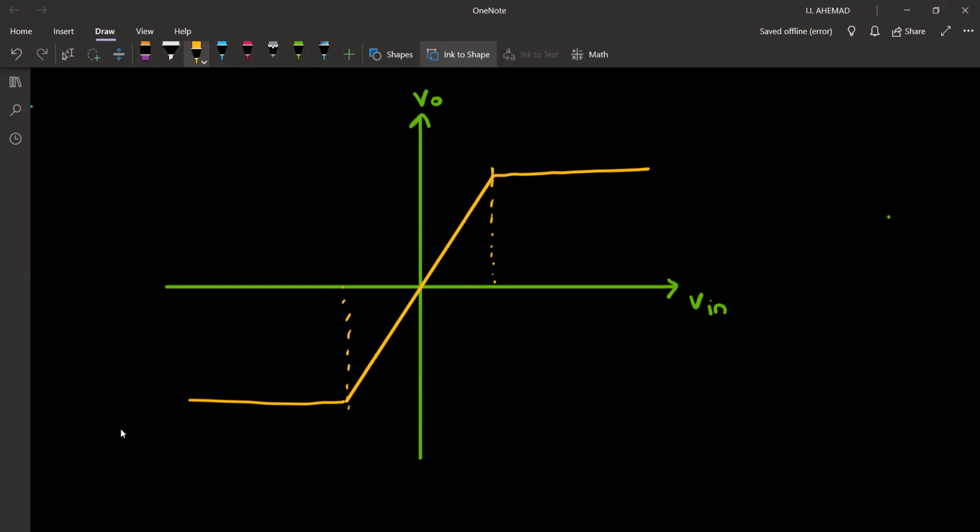Did you get that idea? Only in this region, you get an amplification. So what is this output? This output is plus VCC. And this output over here is minus VCC. So for a certain value of voltage, it will get saturated, and for a certain value of negative voltage, it will get saturated on the negative side.